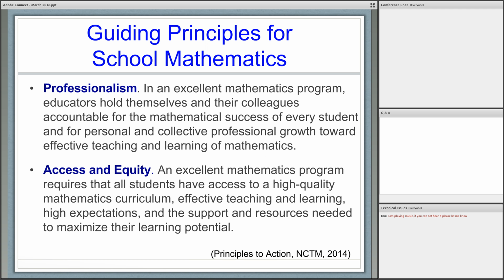For these guiding principles for school mathematics, I'm going to lean on the six principles outlined in the National Council of Teachers of Mathematics document called Principles to Actions. This document came out a little over a year ago, and I find it sums up, in very succinct, almost bullet-point form, what research is telling us about effective mathematics teaching and learning. I'm not selling the document, but it's not a bad one to go to.